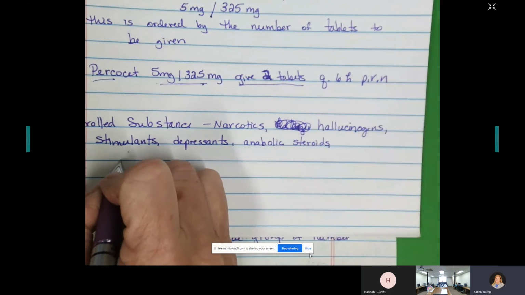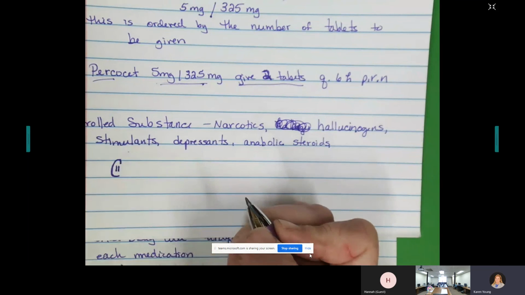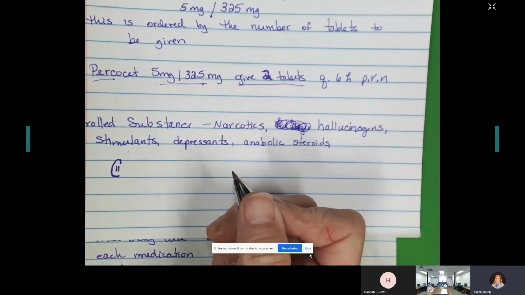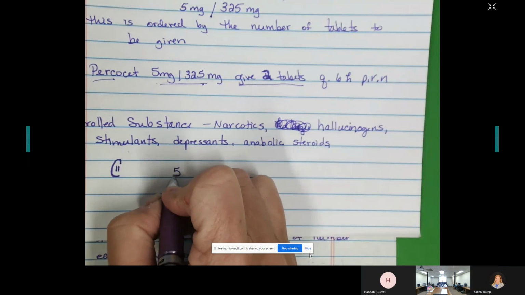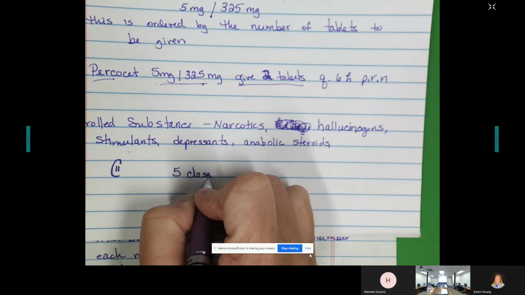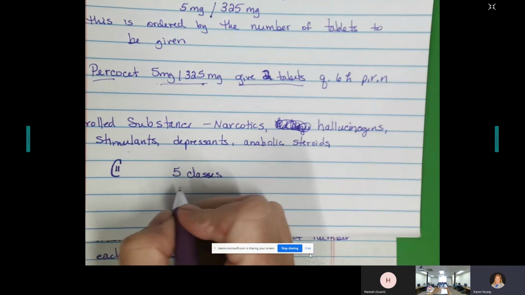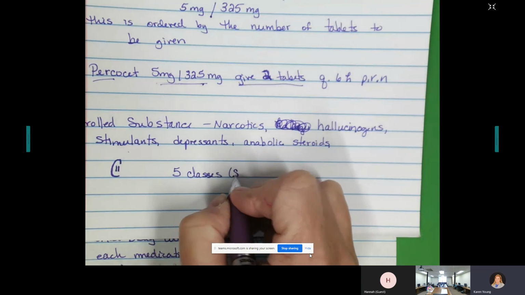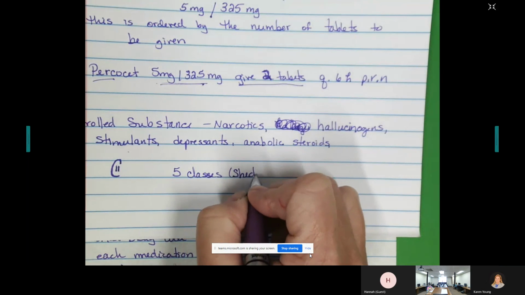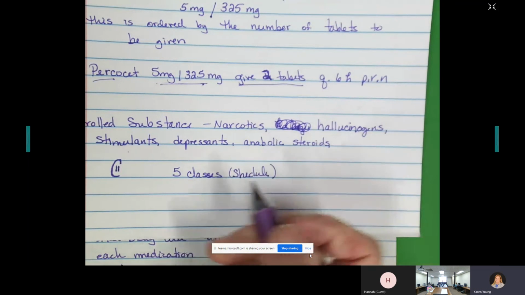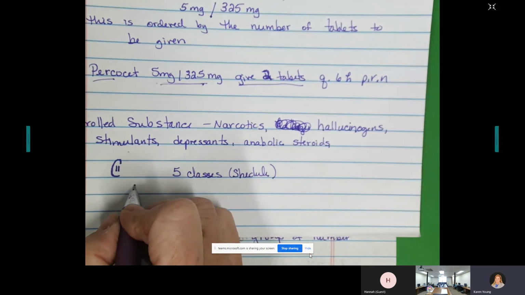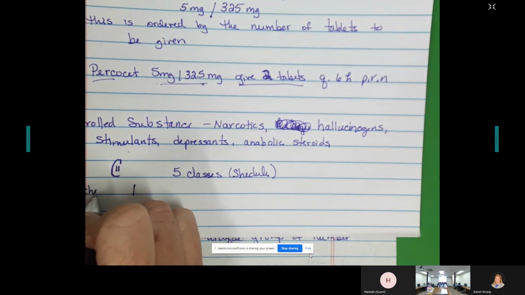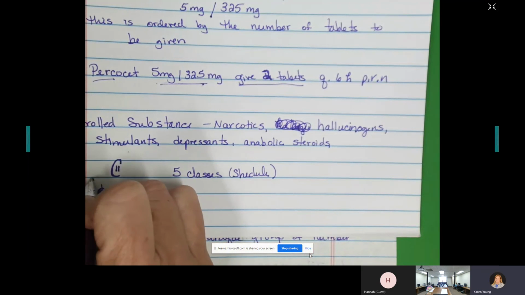The controlled substance is a capital C with Roman numerals inside, okay? And there's 5 classes, or 5 schedules. I call them classes, they're calling them schedules. But a class 1 or a schedule 1, I can't spell it all today.